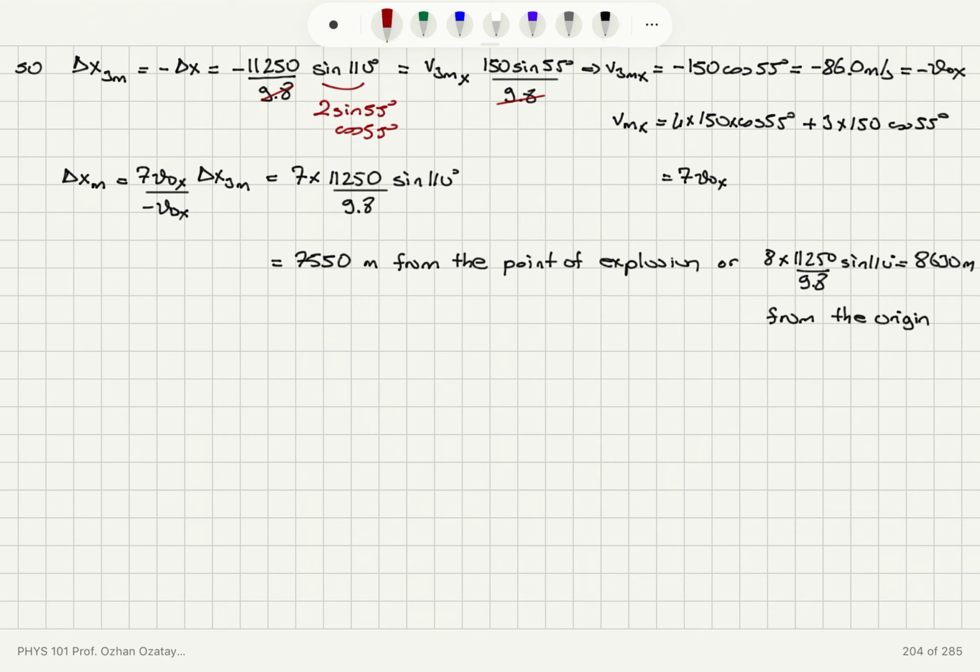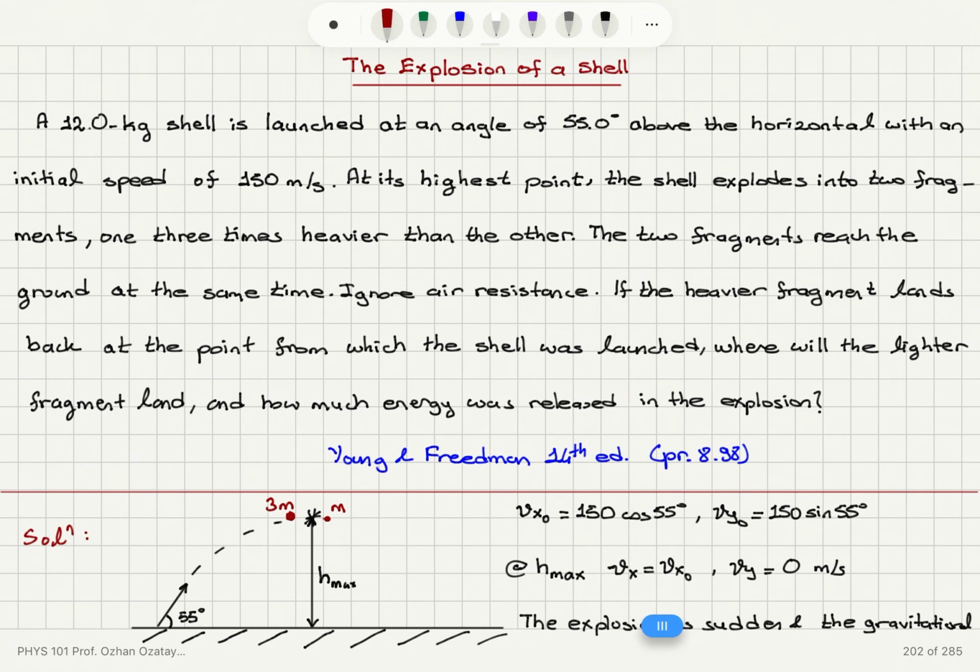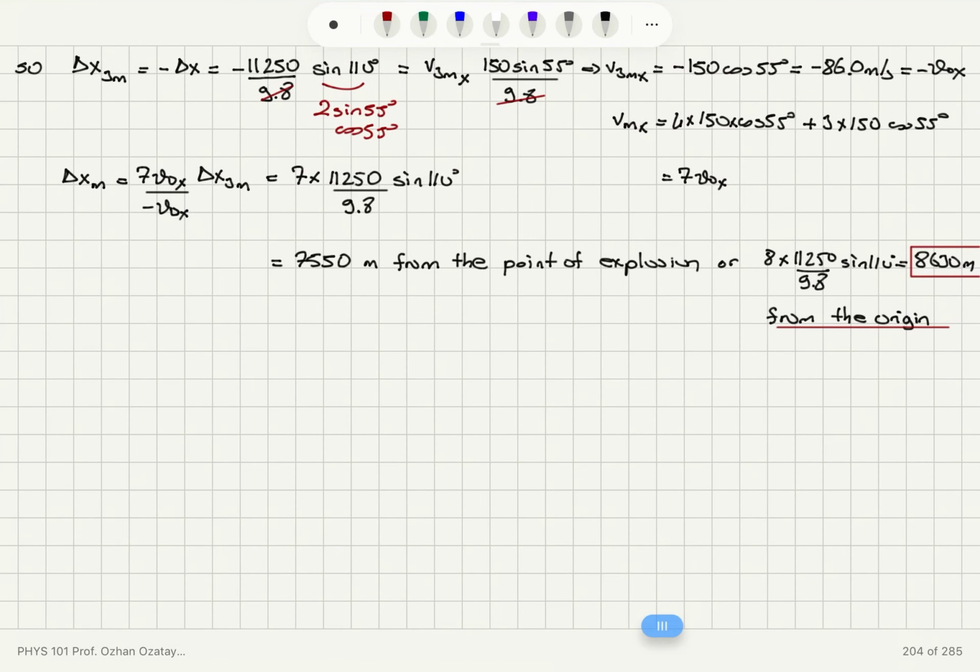Okay, so we have found the distance from the origin. All right, so where will the lighter fragment land? So we have answered this question. And how much energy was released in the explosion?